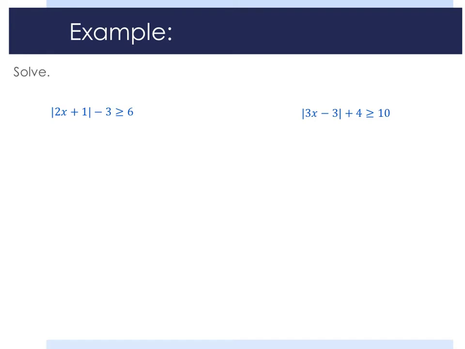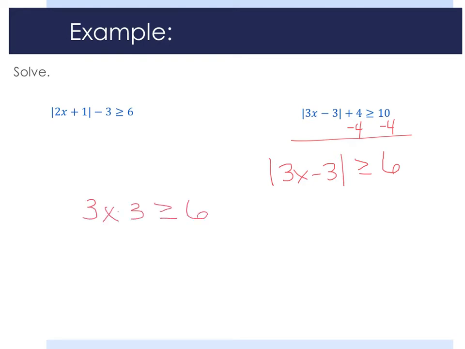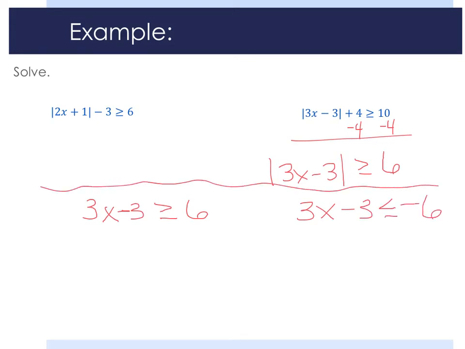In the next equation, I'm going to isolate the absolute value bars by subtracting 4 from both sides. Absolute value then of 3x minus 3 will be greater than or equal to 6, which generates two different inequalities. 3x minus 3 will be greater than or equal to 6. That's one of them. And then we'll have 3x minus 3 will be less than or equal to negative 6. Again, flip the switch.